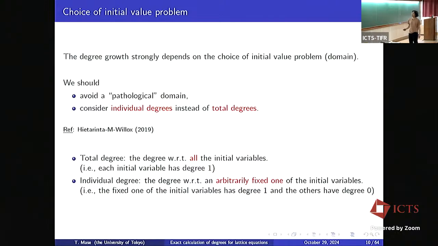But the individual degree is a bit different. An individual degree is the degree with respect to one arbitrarily fixed initial variable. So the fixed variable has degree 1 and the others have degree 0. That is the definition of individual degree. So there are a lot of choices of initial variables, of course. In this talk, we'll be focusing on individual degrees, not total degrees.